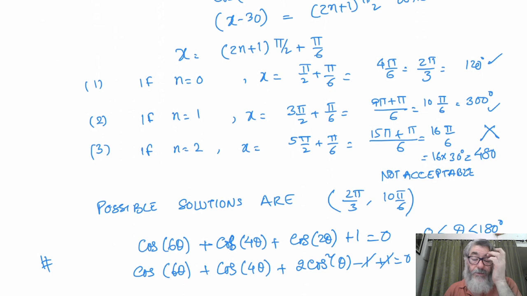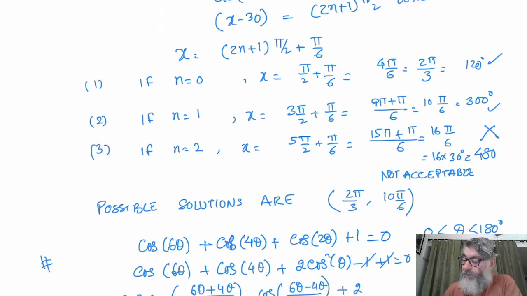Let us apply cos C plus cos D. Cos C plus cos D will be 2 cos of (C plus D) by 2, that is 6 theta plus 4 theta by 2, times cos of (C minus D) by 2, that is 6 theta minus 4 theta by 2, plus 2 cos square theta is equal to 0.